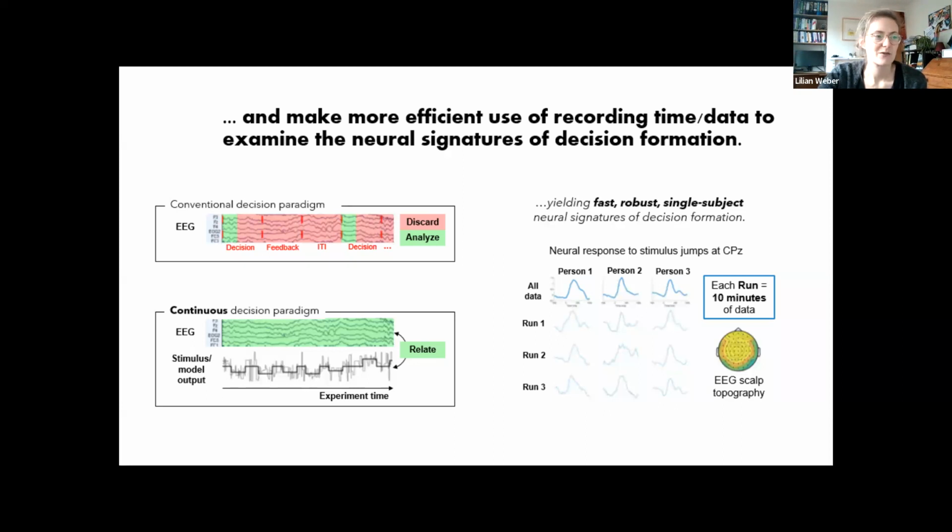So here we saw that we can get pretty good estimates of the neural response to changes in evidence in individual participants when we just use 10 minutes of their data to estimate this response, because the events are so densely packed, and we can really use every sample of the EEG to estimate our response.